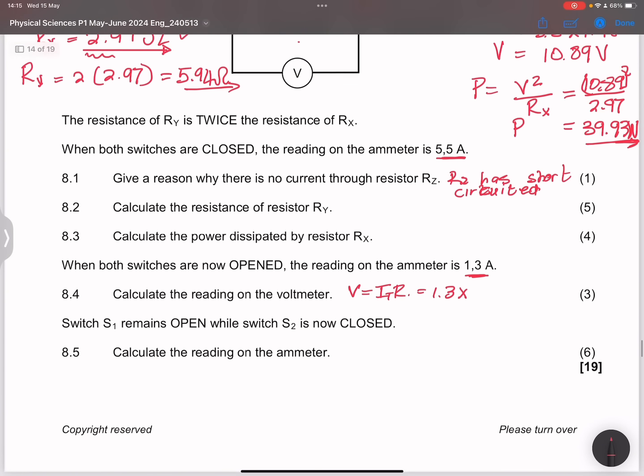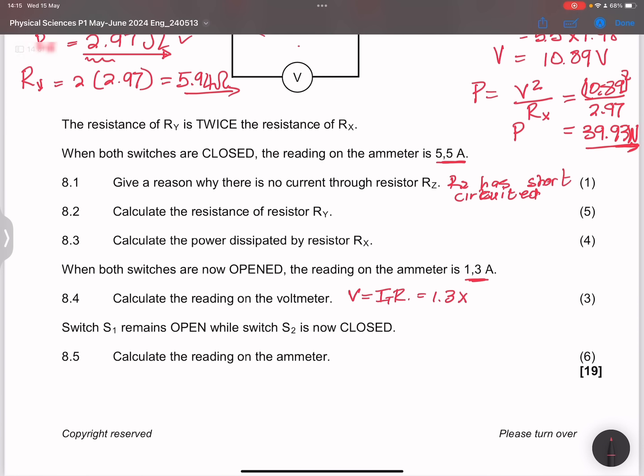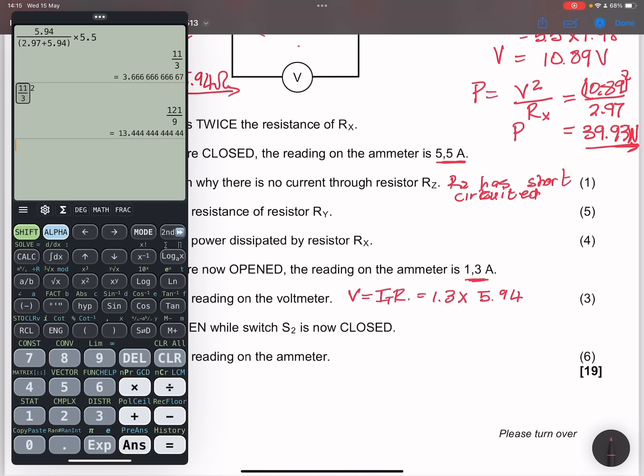That would be I total, which is 1.3, multiplied by Ry. Remember, Ry has not changed. That is still 5.94. So that would be 1.3 times 5.94, and I get a value of 7.72 volts.